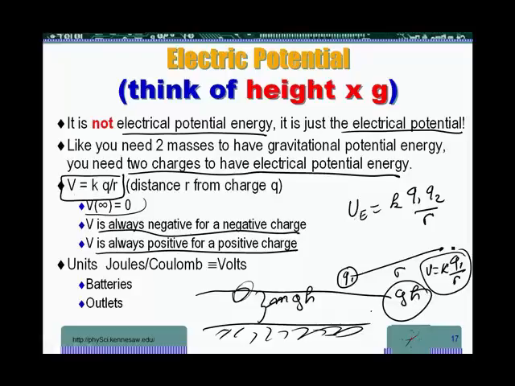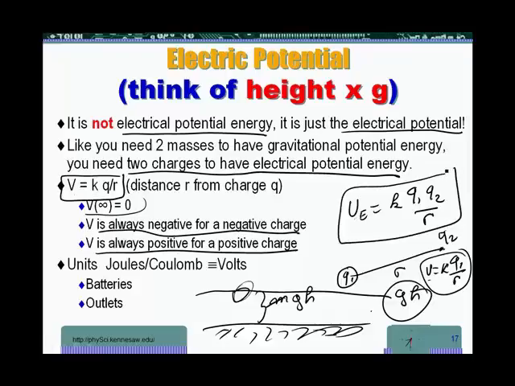There is only electrical potential, but once we place another charge Q2 at that location, then we have an electrical potential energy that's going to be V times Q2, which comes out to be equal to KQ1 Q2 over R.